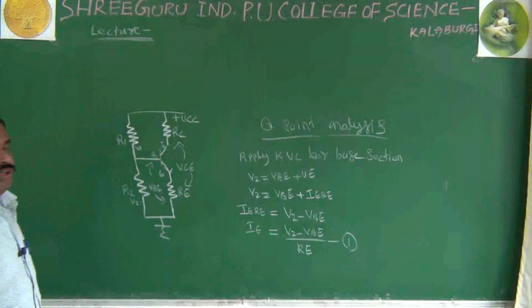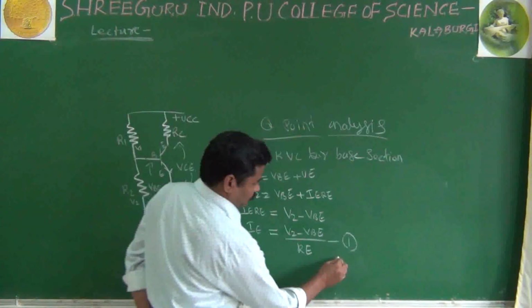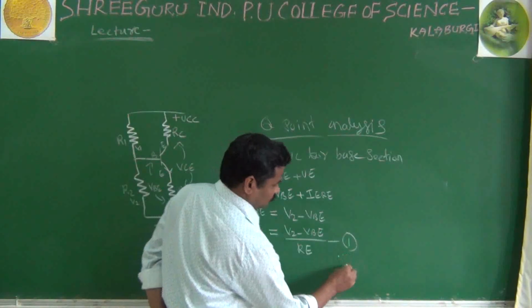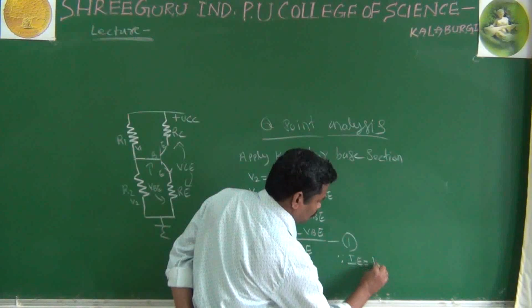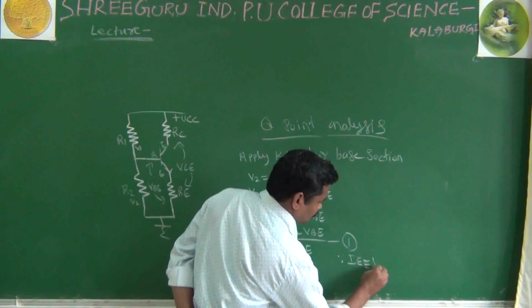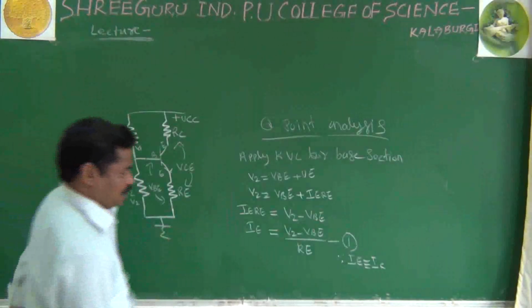And we know in our transistors, IE is nearly equal to IC. It means in place of IE, you can write IC.